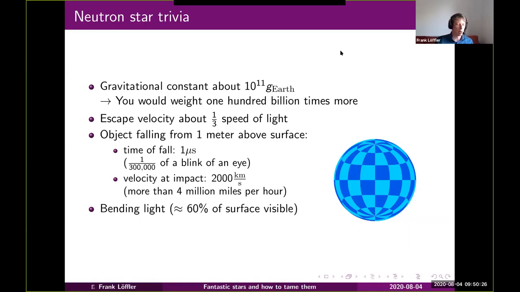Part of the light coming from the back will reach you because the gravitational pull from the star is bending it to you. That's what the picture here is trying to depict. You can see both poles if you have just the right orientation of a neutron star. So that again shows you how extreme these are, and that makes them really interesting, right?